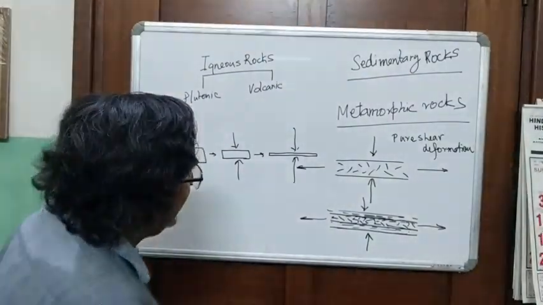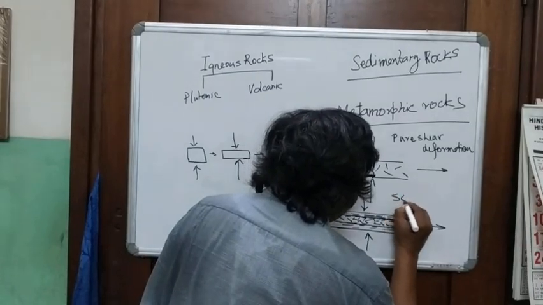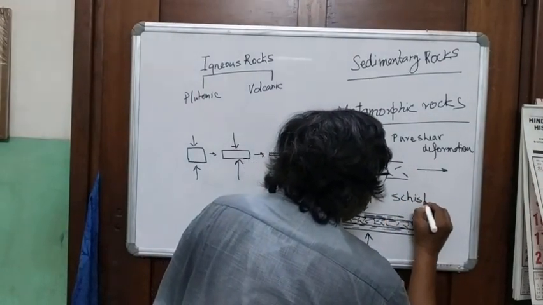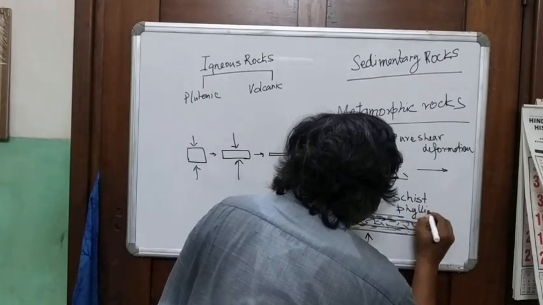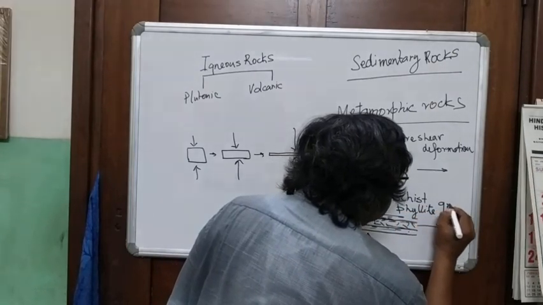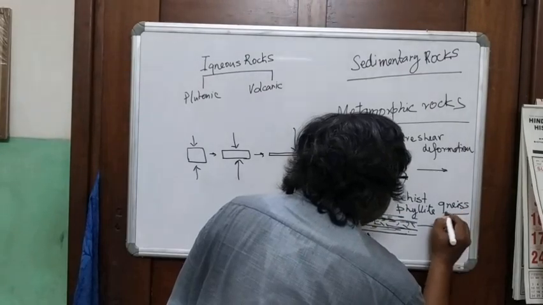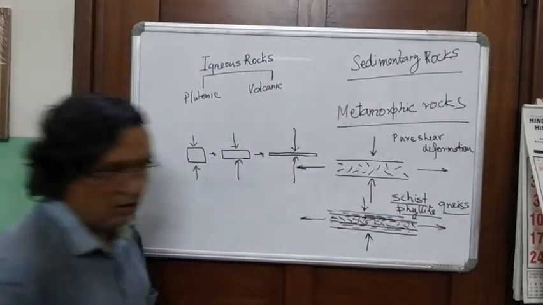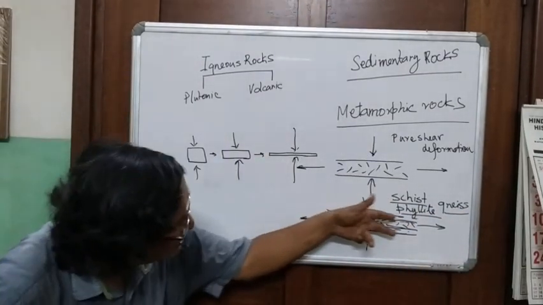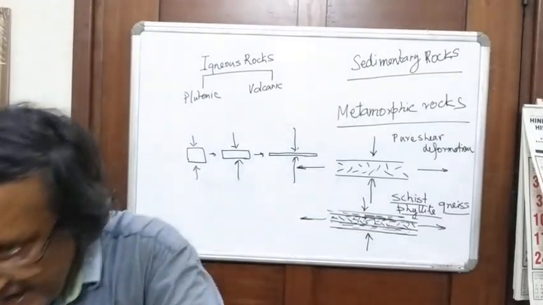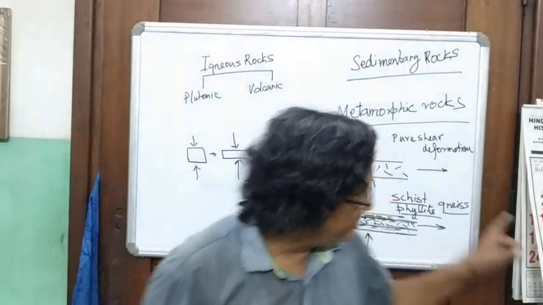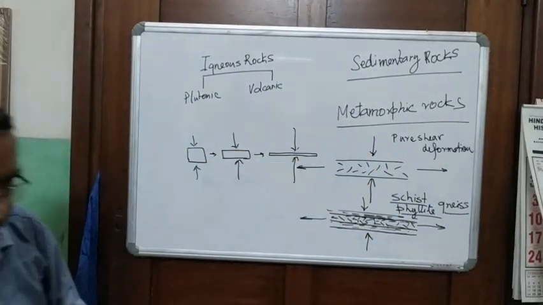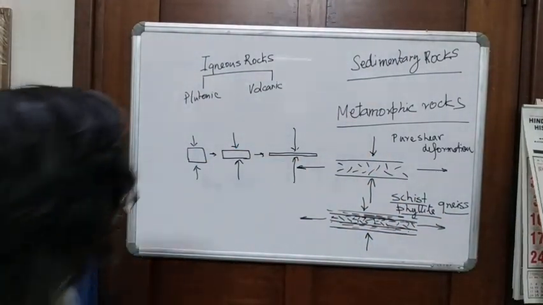The names, for example, we will talk about them, schist, phyllite, gneiss are some common examples of metamorphic rocks where they have a mineral segregation layering, banding, and the minerals are aligned in domains parallel to it. It's all because of this type of deformation.